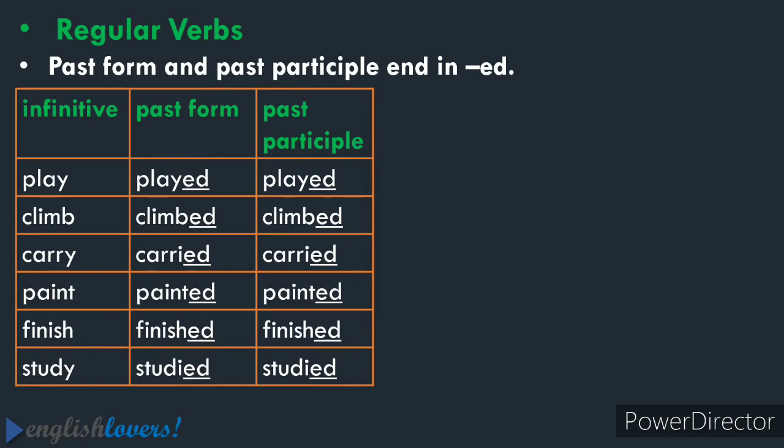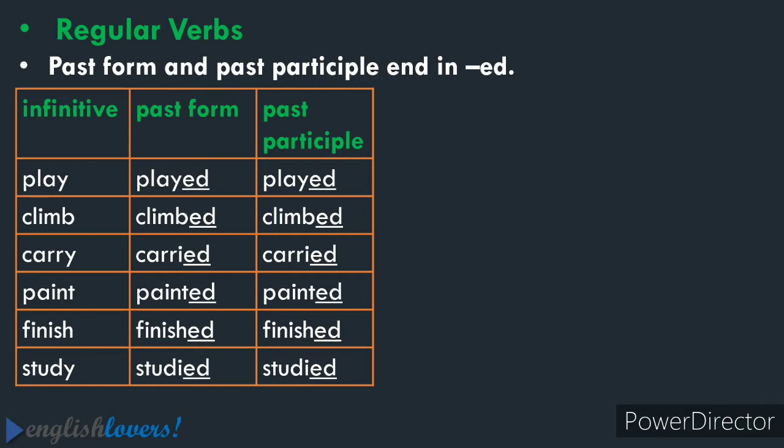Here are some examples we will try to learn. Play, played, played. See here, ed is there in the past form and ed is there in the past participle too. Climb, climbed, climbed. Here also ed is there in the past form and past participle. Then carry, carried, carried.